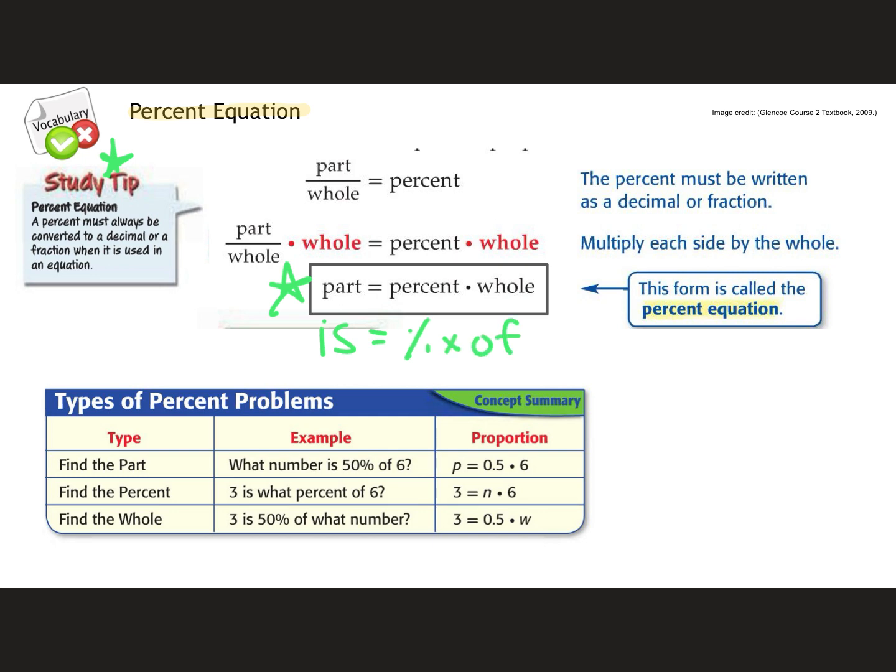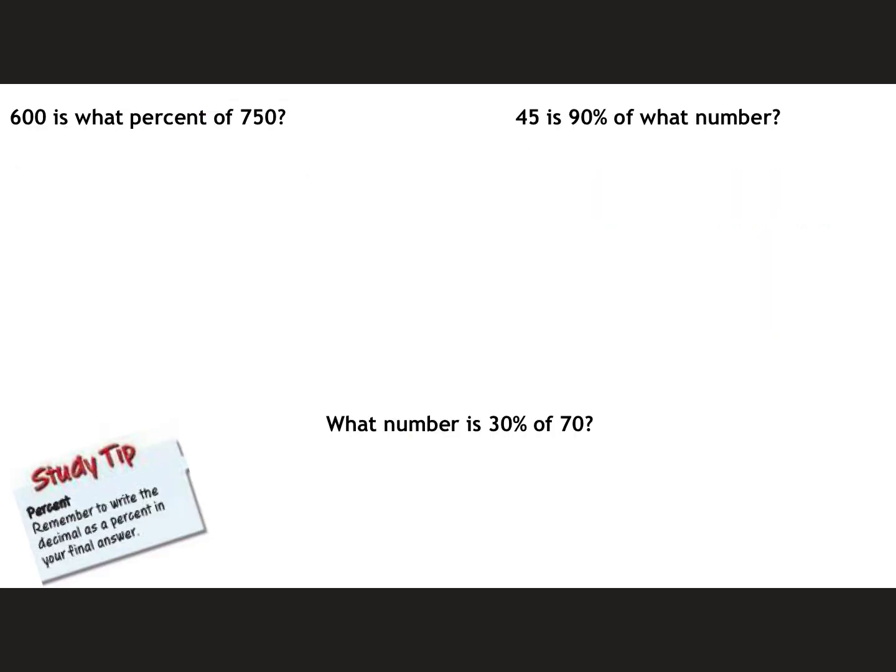And again, based on what it is that we are given or the type of the question, the examples, this is how we would set up our percent equation. So let's go ahead and give this a try. Again, we are going to use the equation is equals percent times of, and the percent needs to be turned into a decimal.